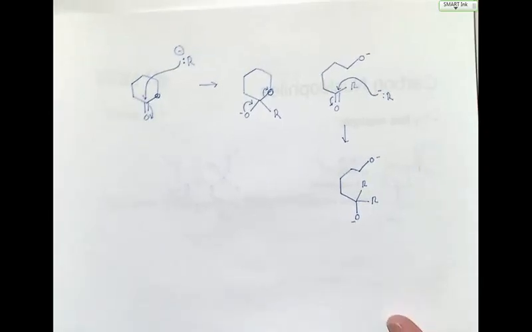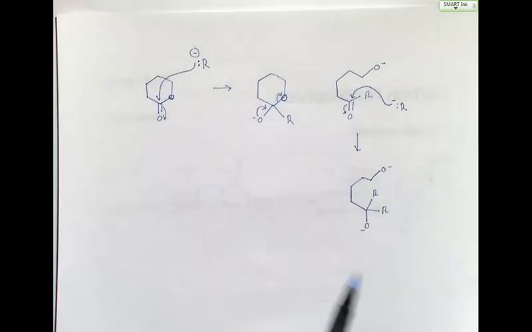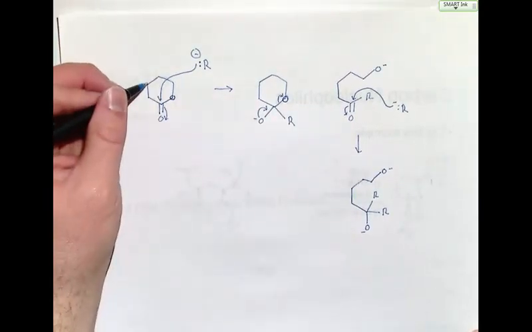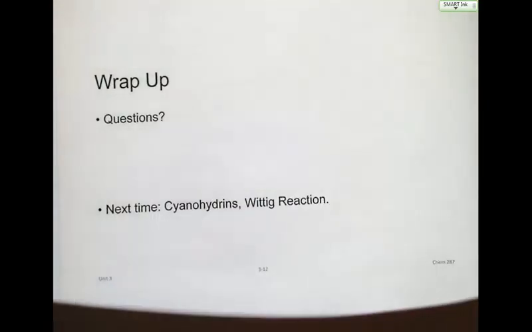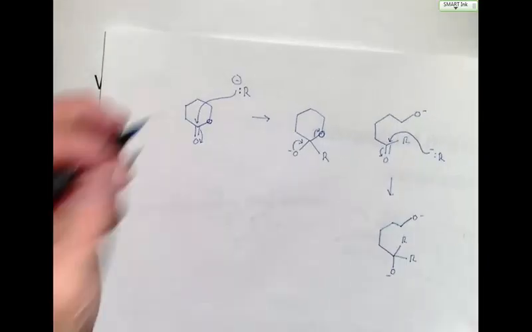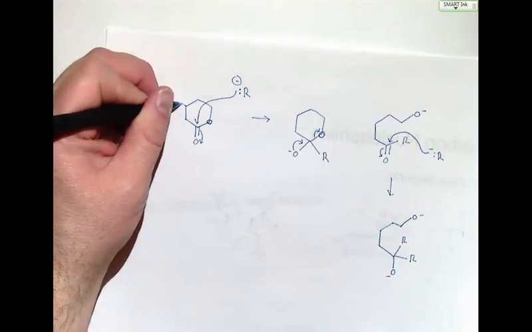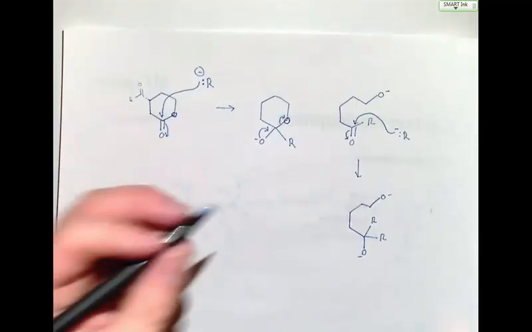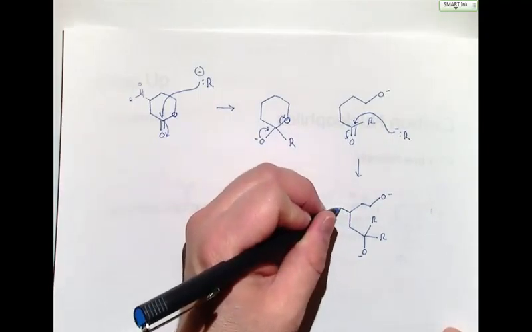So if you go through the whole mechanism on that molecule, you'll end up with essentially what we had. Over here we had our aldehyde, so that's going to have one of the R's attached to it as well.